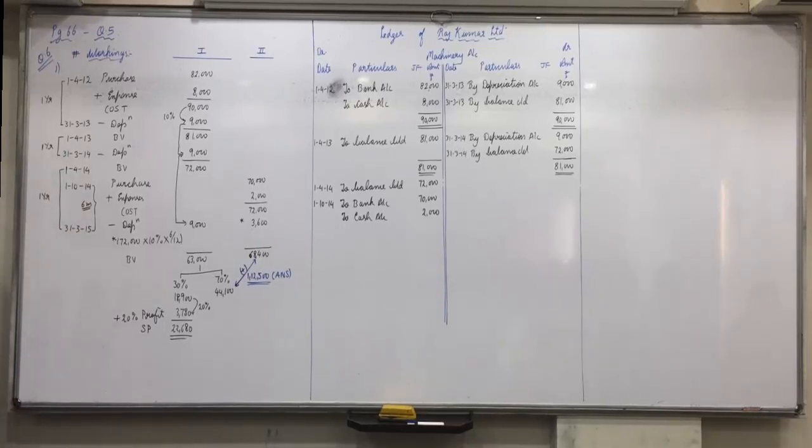Sir, by depreciation 9,000. 31/3/15 by depreciation only 9,000, and 3,600. So what amount?